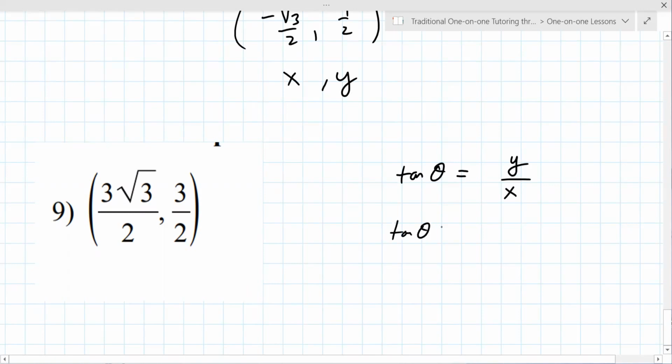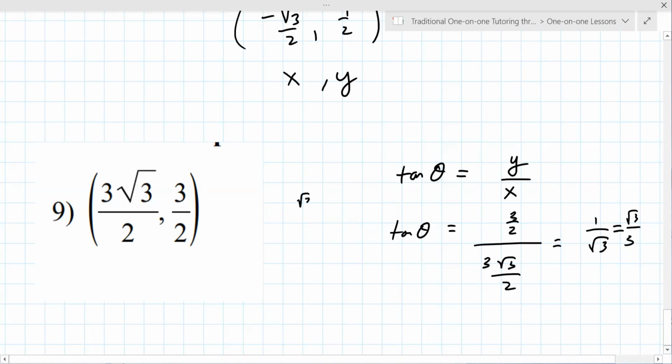So tangent of theta equals 3/2 over 3 square root 3 over 2. So the 2's cancel. This 3 cancels. You get 1 over root 3, which we know rationalizes to root 3 over 3. But that doesn't help because you got to know where that is on the unit circle. And that's why these problems are so much tougher.